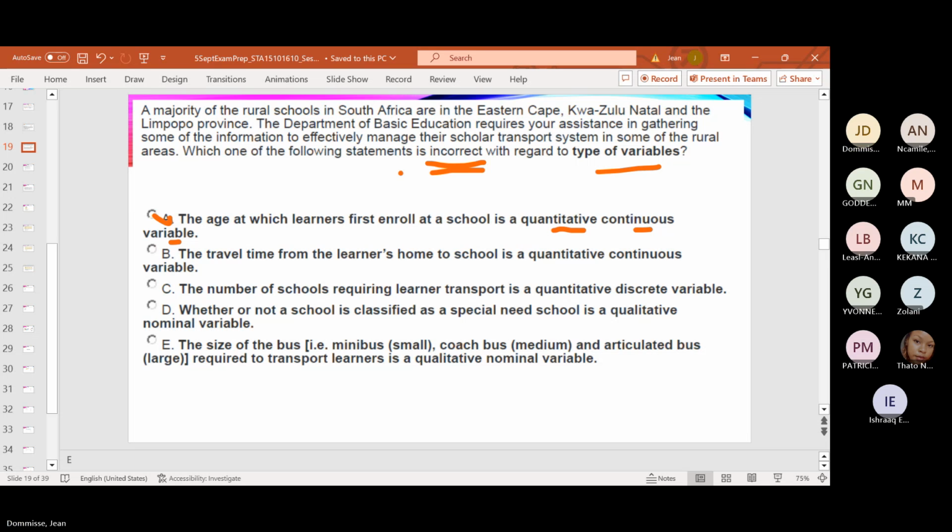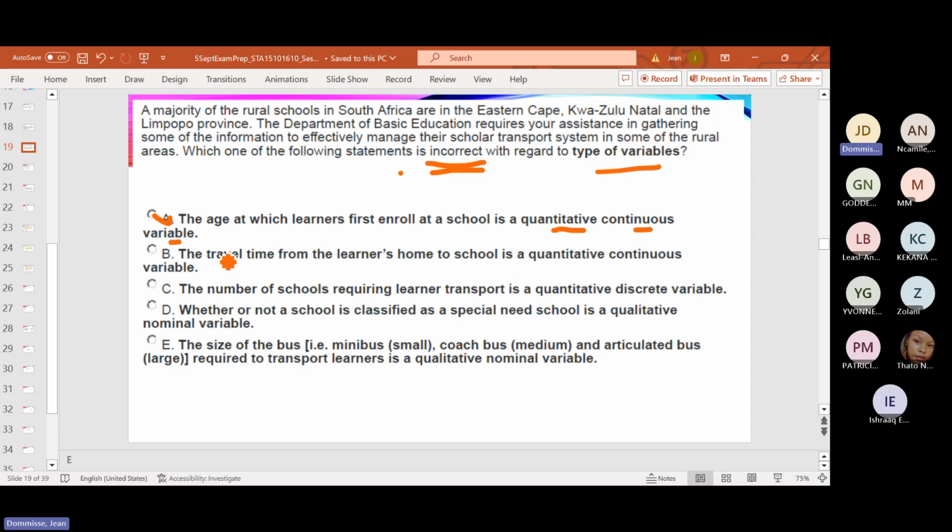I know I registered my son when he was 5 or 6, and how many months and how many days. Somebody else could have gone in the next day. So age in this instance, because they don't define it as age in years, is a continuous variable.